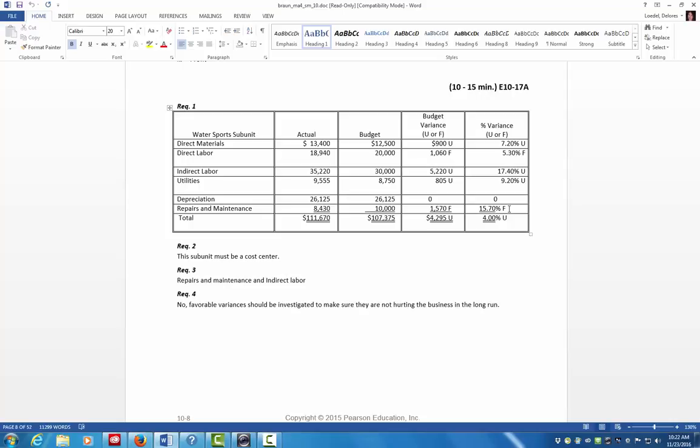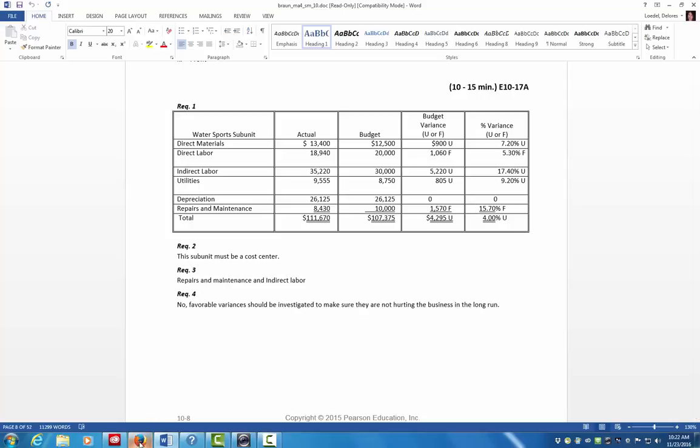Was there an issue with the budget? Do they need to adjust the budget going forward? Or in fact did they just come in under their budget this one time? Maybe this is an anomaly or something like that. So they would always want to investigate any variances greater than their threshold.